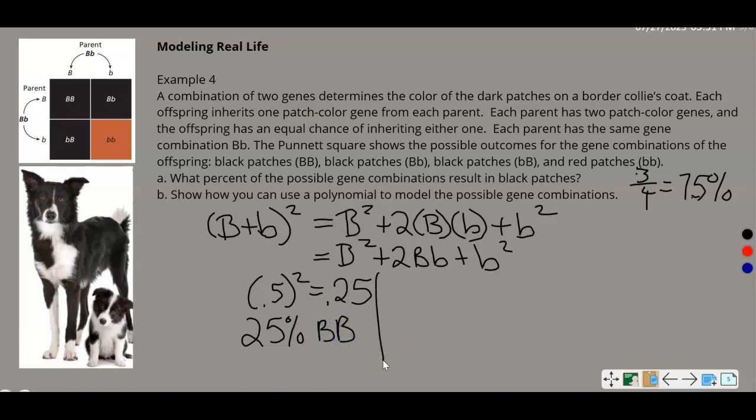All right, if we want to look at the middle term, it's going to say 2 times capital B times lowercase b. We already said that each one is a 50% chance. So 2 times 0.5 times 0.5 would be 50%, because this is going to be 0.25 times 2, which would be 50%.